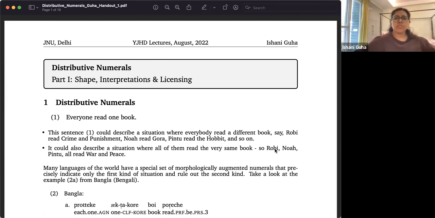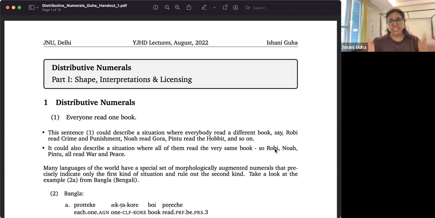So this topic is about a very focused morphological phenomenon. When I say distributive numerals, this is not WH movement or ellipsis or quantifier scope. This is a morphological phenomenon. This is not the name of a theory.